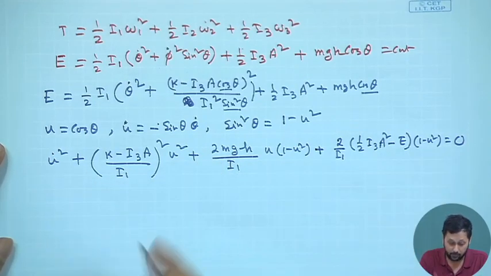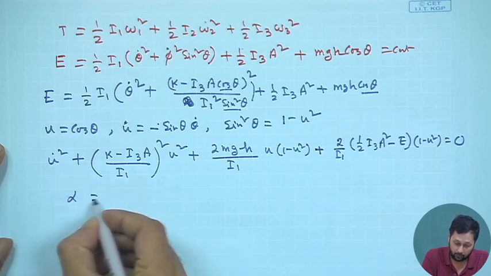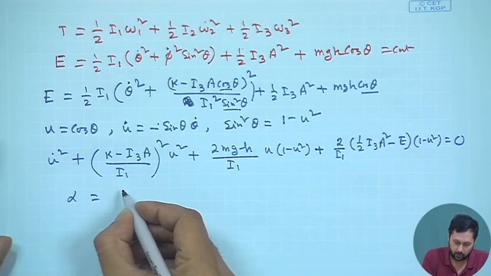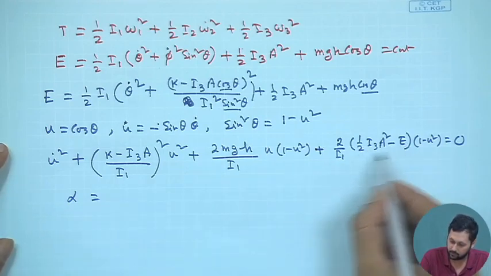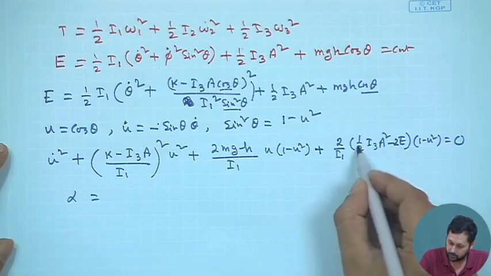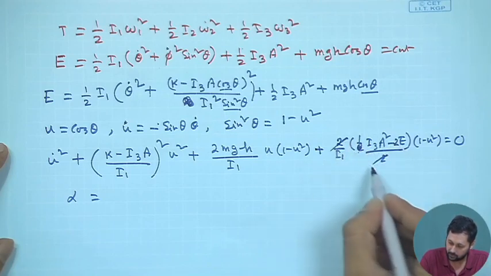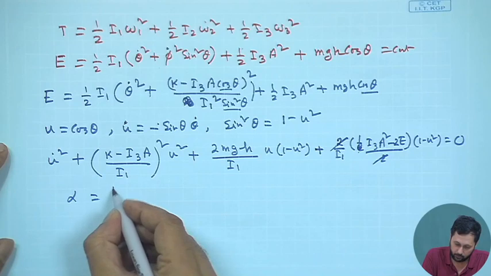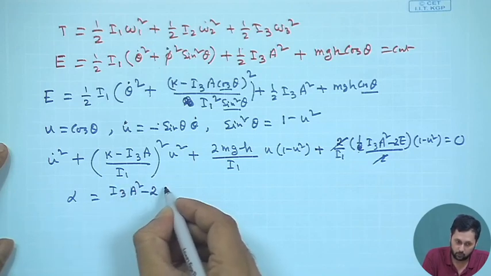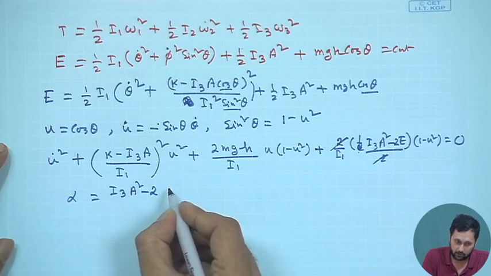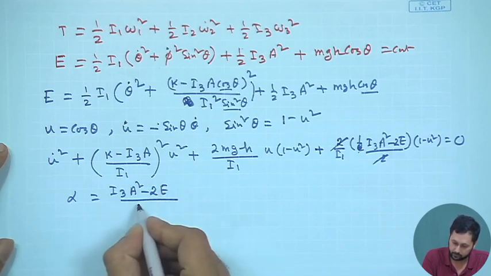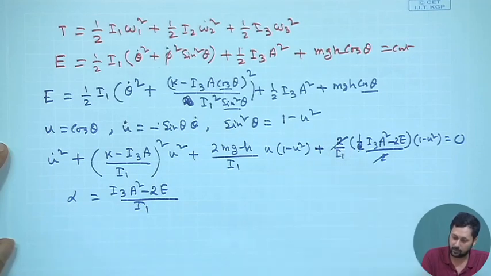Now, it is time to define some constants. Alpha will be what? Okay, let us start from the last one. If I take this 2 up here, this 2 will cancel out. So, let us call alpha equal to I3a square minus 2e, divided by I1. So, there is an I1 here.